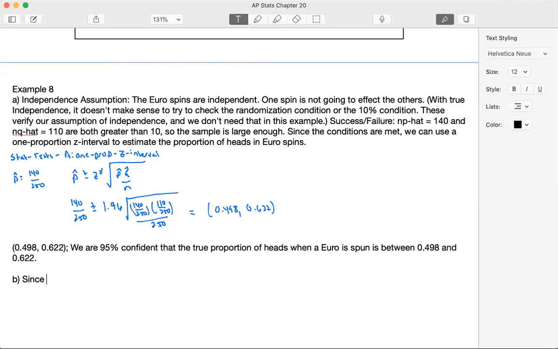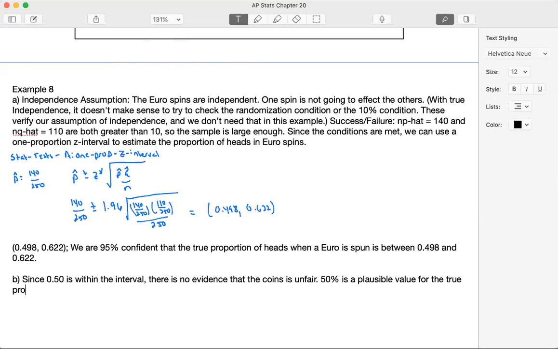Since 0.50 is within the interval, there is no evidence that the coin is unfair. 50% is a plausible value for the true proportion of heads.